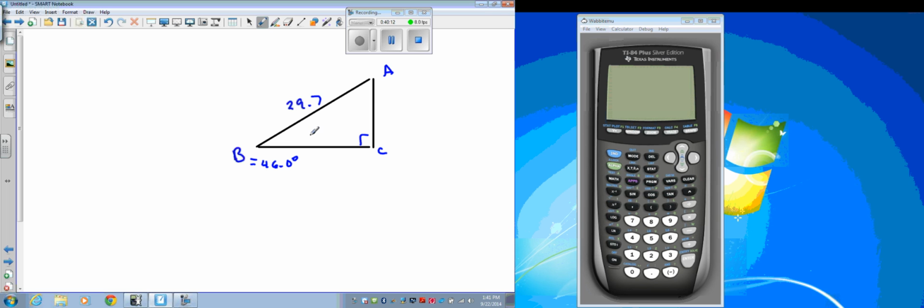Now, you see what they've technically given me. They've given me this angle, and that side. So I can calculate A as accurately as possible by simply subtracting 90 minus 46, which is 44.